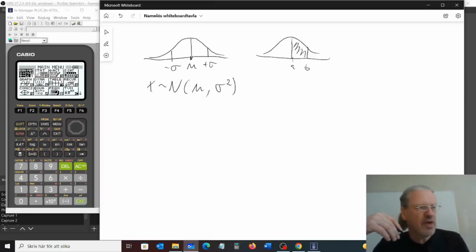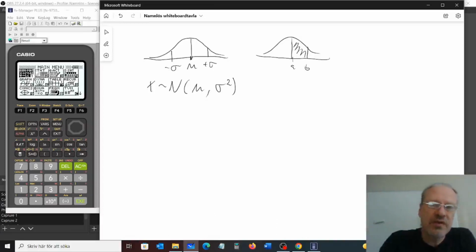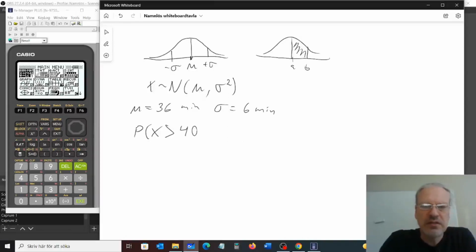Say, for example, a student solves a puzzle and we have found that the average time for a student to solve a puzzle is 36 minutes with a standard deviation of 6 minutes. We are to calculate the probability that a random student will take more than 40 minutes to solve this puzzle. So we go into the calculator.